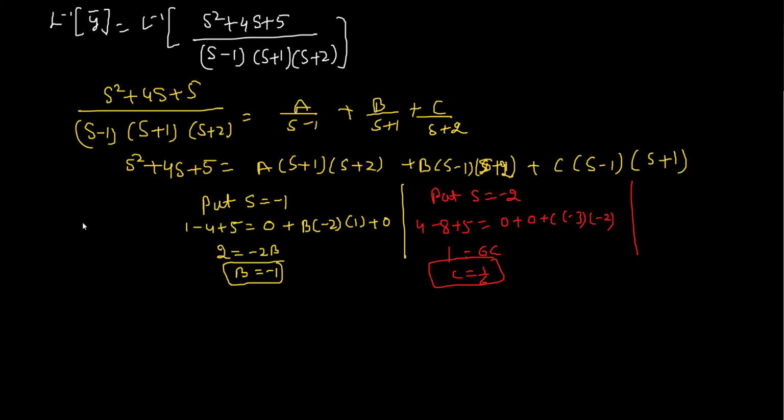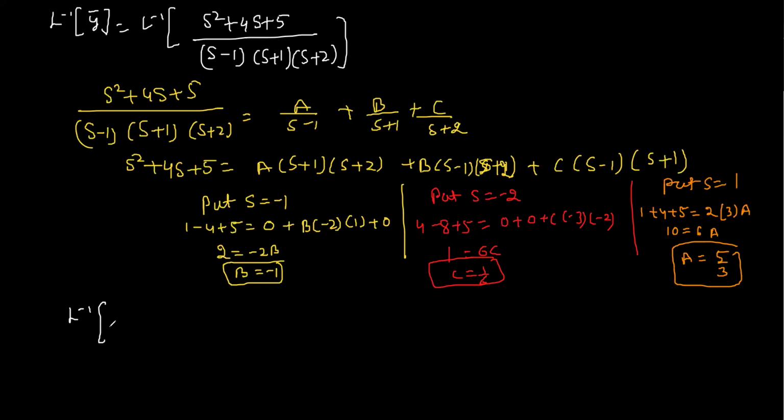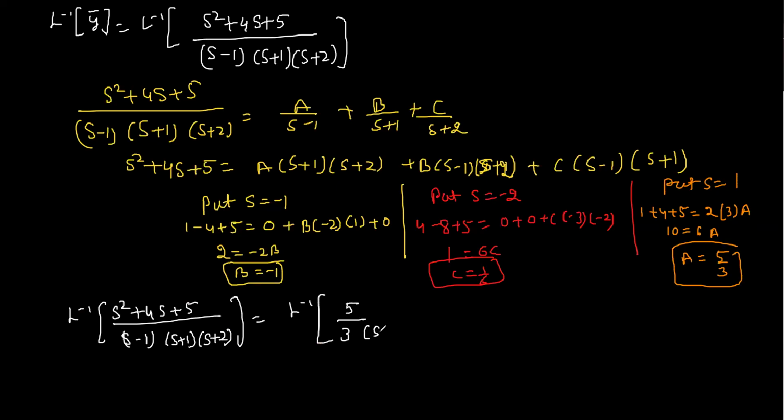Right? 1. 5 by 3. Right? Okay. A is 5 by 3 upon s minus 1.